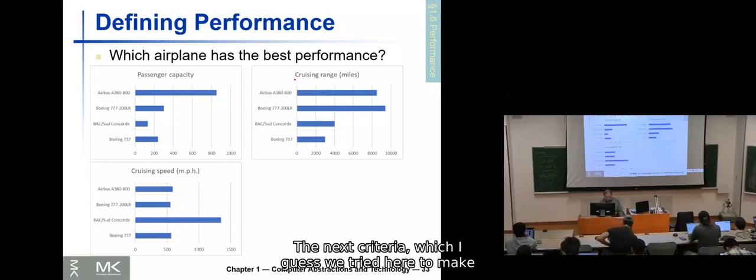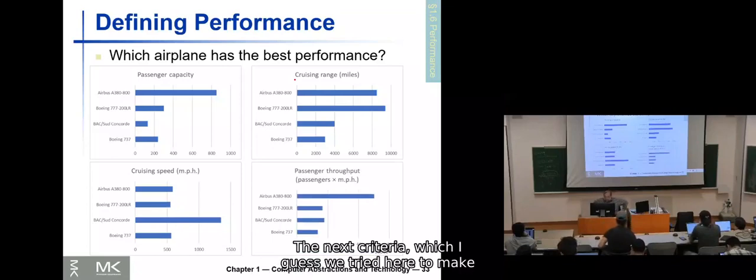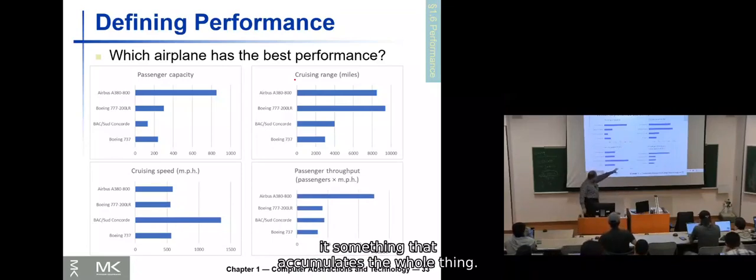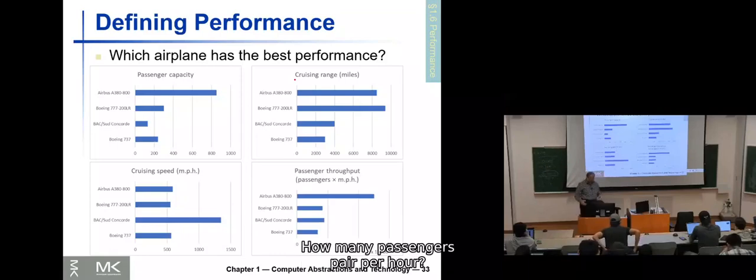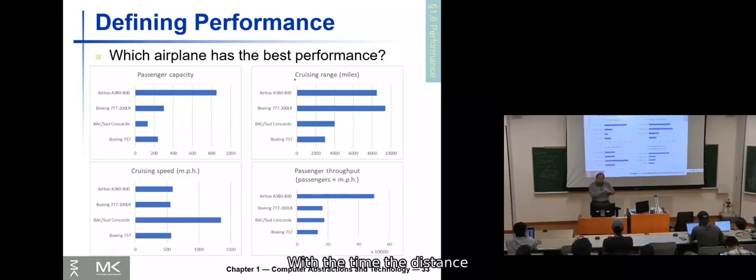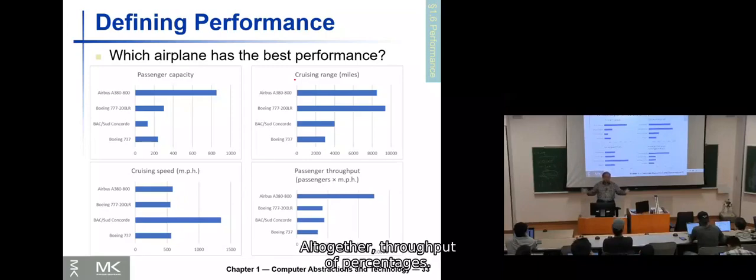Okay. The next criteria, which I guess we tried here to make it something that accumulates the whole thing. Passenger throughput. How many passengers per hour, with the time, the distance traveled, passengers, distance, time, all together, throughput of passengers.